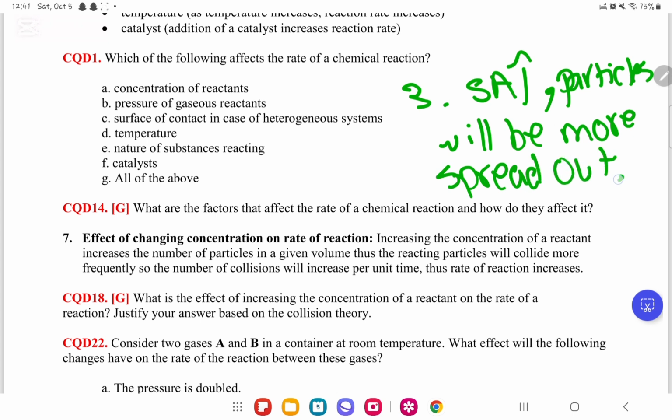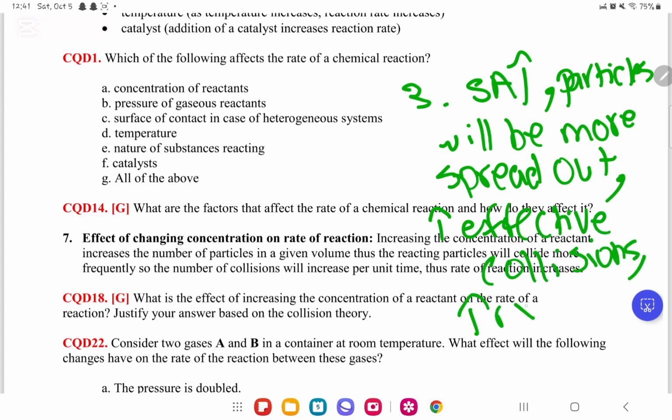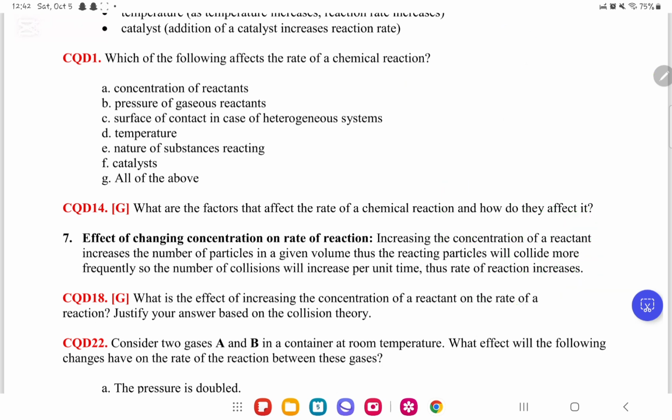And since they are more spread out, this will increase the effective collisions. And since the effective collisions increased, the reaction rate will consequently increase. For number 4, I will put 2 in the same one because they affect both of them the same way.